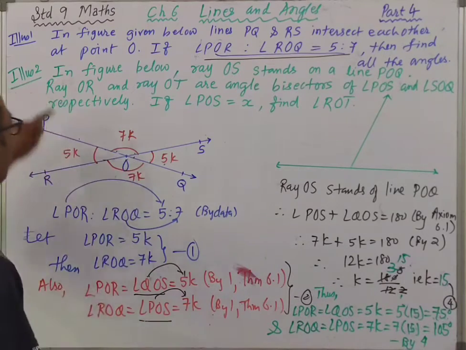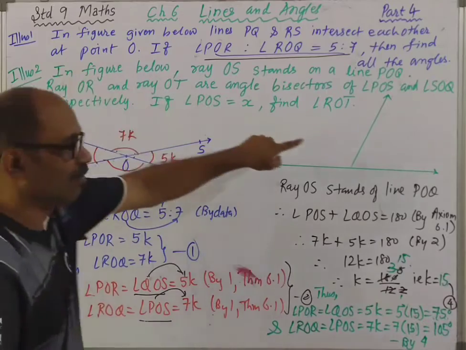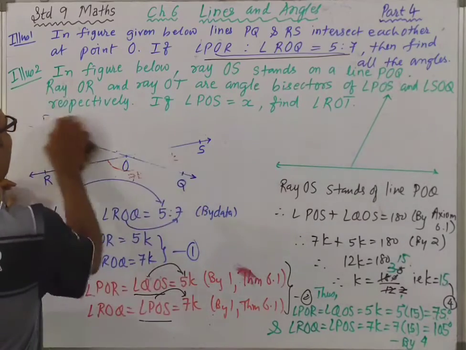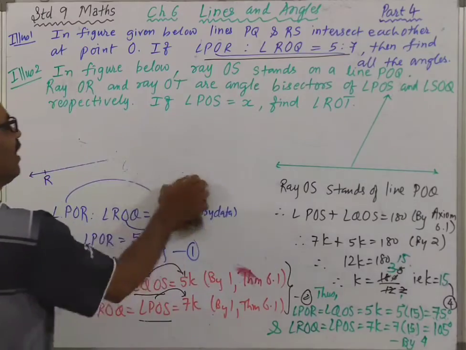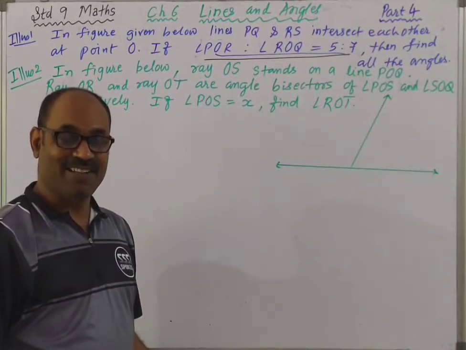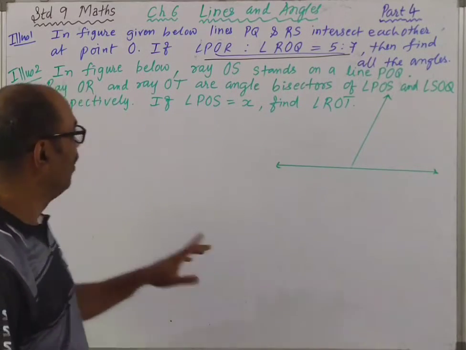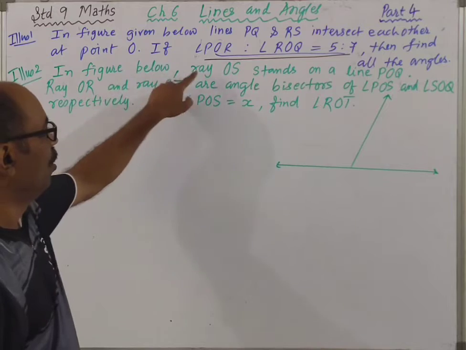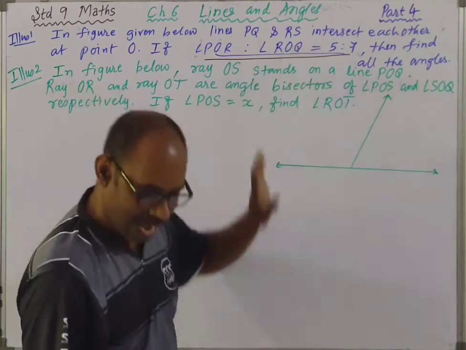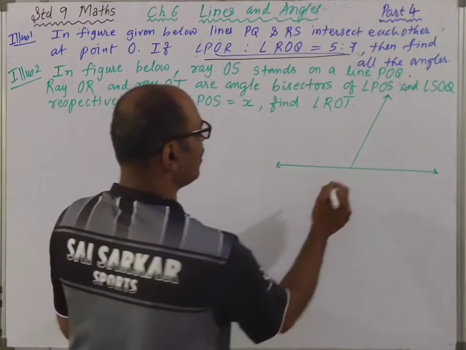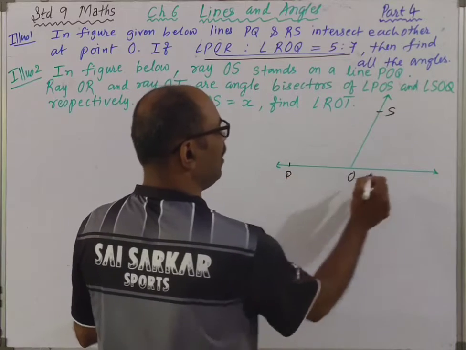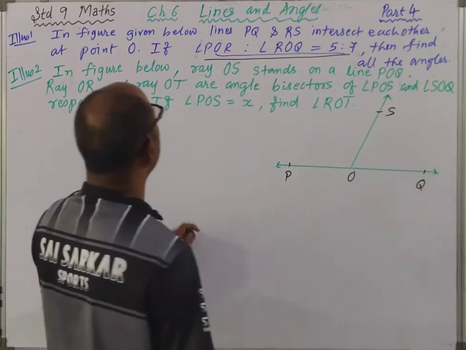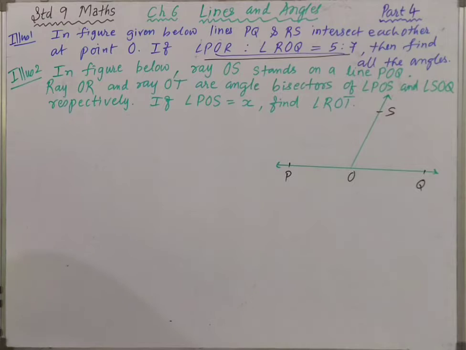All right. In the figure below, that is the green one, children, it is incomplete. So while reading, I will complete the figure. Let's read the statement and complete the figure. In the figure below, ray OS stands on line POQ. Very interesting now, children.